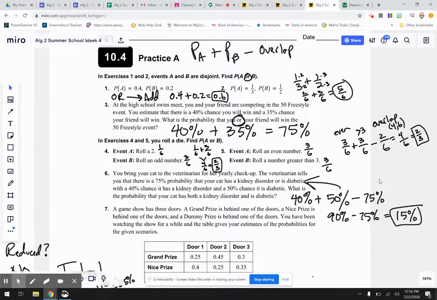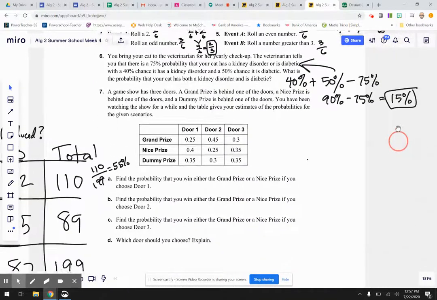So that goes to this problem here. Game show has 3 doors. A grand prize is behind one of the doors. A nice prize is behind one of the doors, and a dummy prize is behind one of the doors. You've been watching this show for a while, and the table gives you estimates of probabilities for given scenarios. Find the probability that you win either a grand prize or a nice prize if you choose door number 1, is the first question.